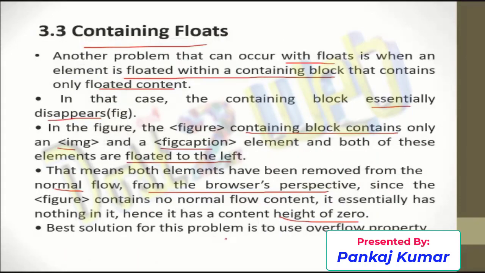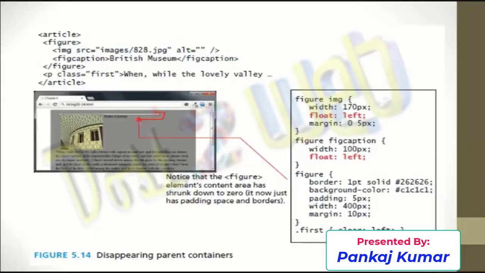And the best solution for this problem, we have to use the overflow property here. This is the example. You can apply this CSS in your practice and you can see what is happening. So I'm defining for the figure image, figcaption. Yes, I have defined here the figure property, and I have given the clear also. The moment you define it, you will notice this particular area will shrink. That means it will go down to 0. That means there is no size and you will not be able to see the remaining thing.